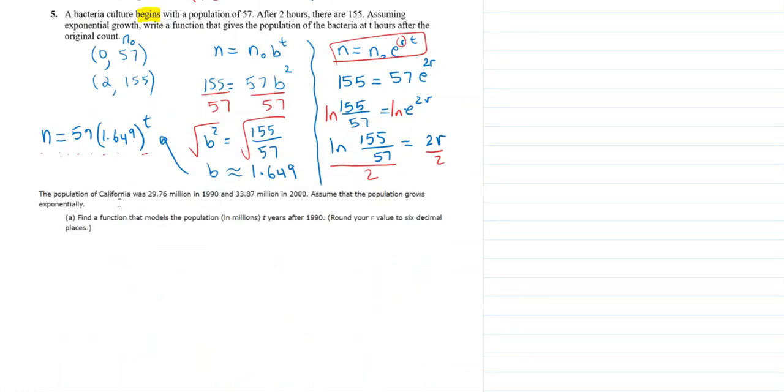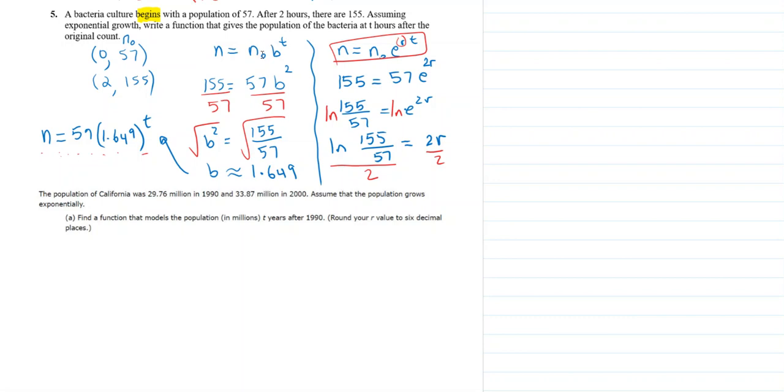So this next problem is part of one of the homework problems you'll see online. It says the population of California was this much in 1990 and this much in 2000. Assume that the population grows exponentially. They want you to find the function that models the population.